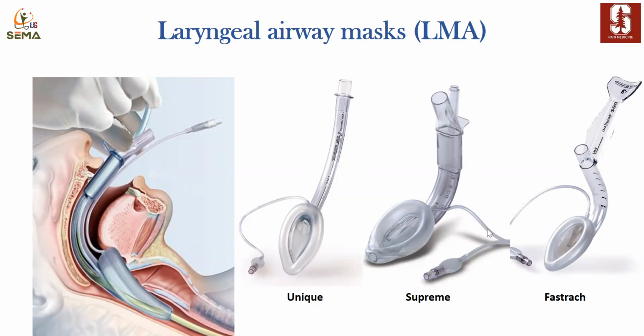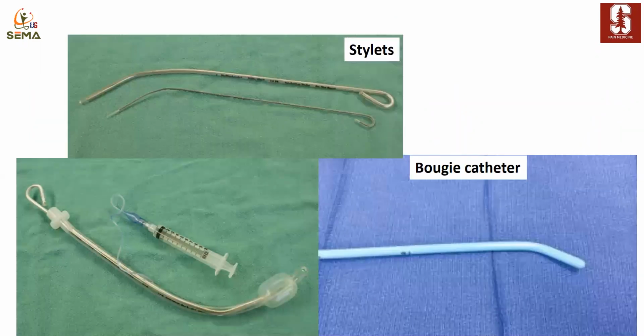Then LMA, you have tons of LMAs. This is the Unique LMA, Supreme, Fast Track. These are called supraglottic devices, or in some countries they call them extraglottic devices. Then stylet, bougie.